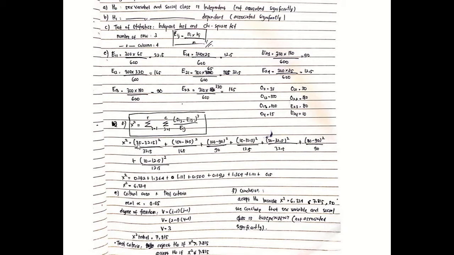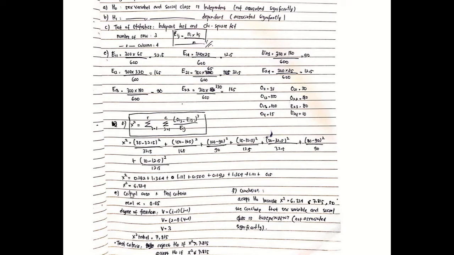So x square, we get from here 35 minus 32.5, where 35 is O11, minus E11, squared, divided by 32.5. So we divide it by E11, plus so on, the same formula but different numbers from the O data and from the E data.